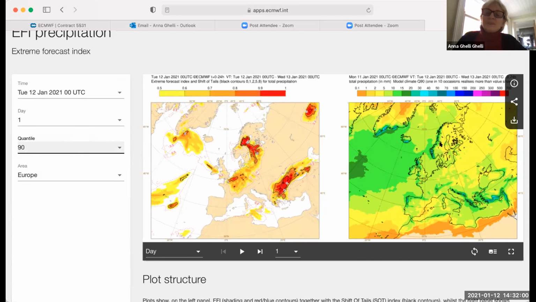There is something between 2 and 10 millimeters of precipitation over 24 hours. What it means here is that the EFI is giving us a signal that, not definitely, but very likely we'll have precipitation above these numbers that we have in the climate.